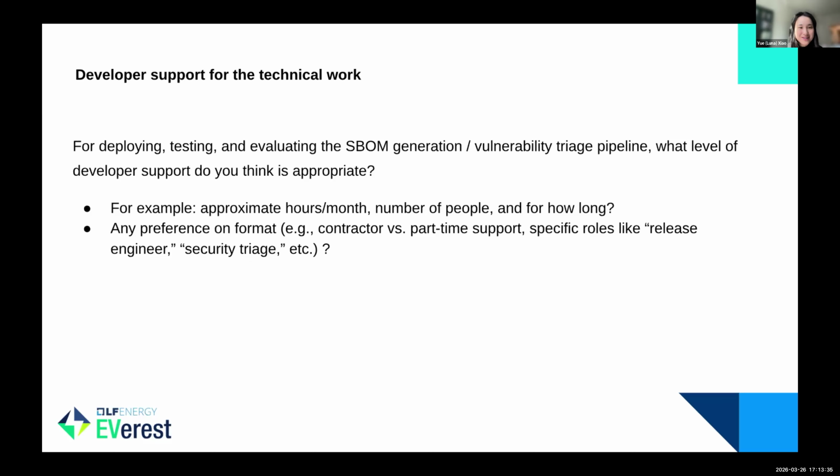So the first question I want to get feedback or insight from you on is: for developing, deploying, or testing and evaluating the whole pipeline, roughly how many developer hours should we budget for you to set out?